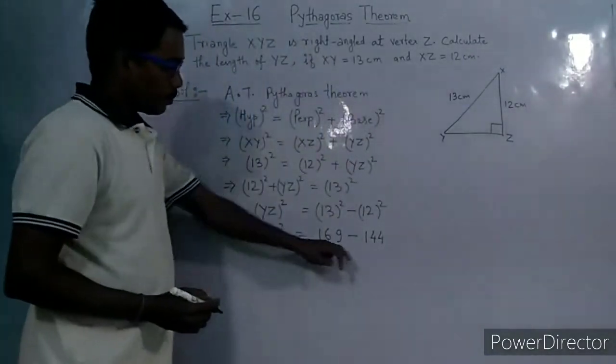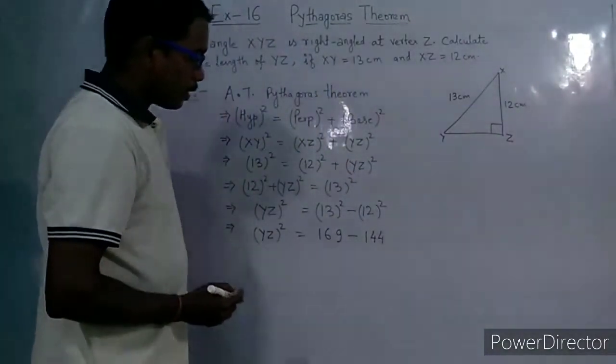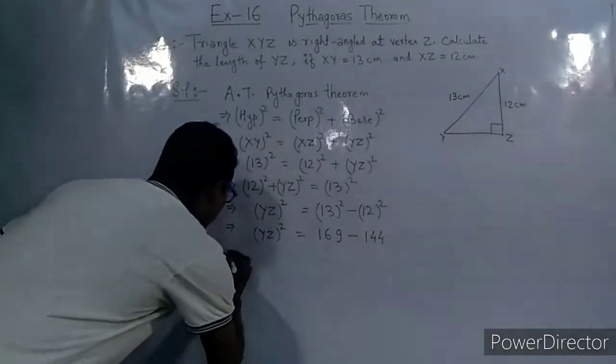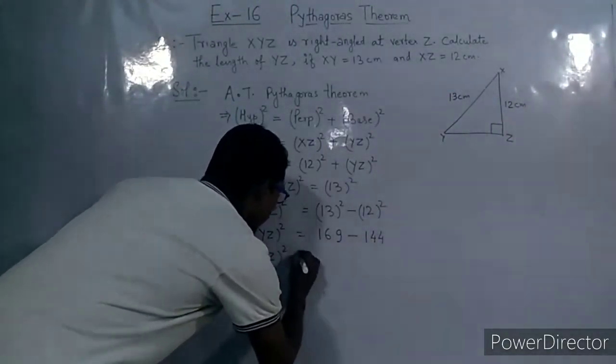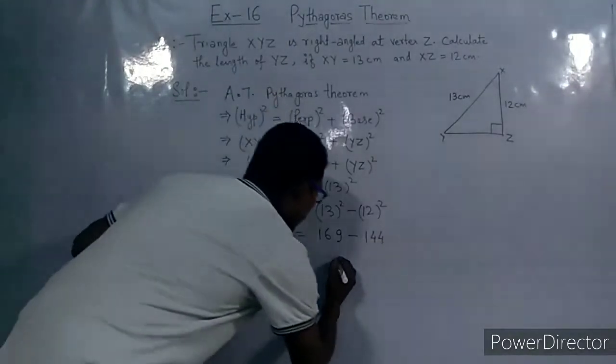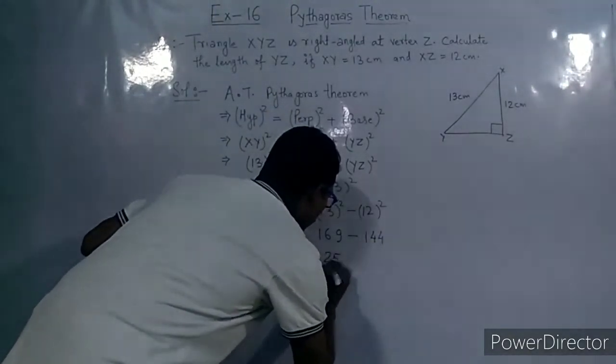Now minus 144 from 169, we get YZ square equal to 25.